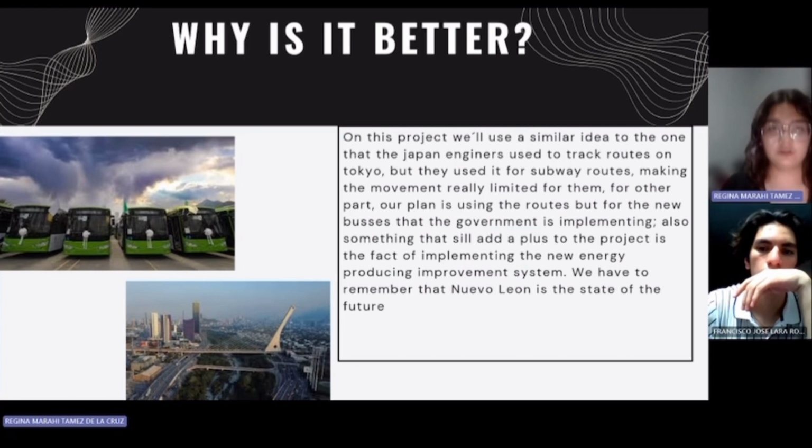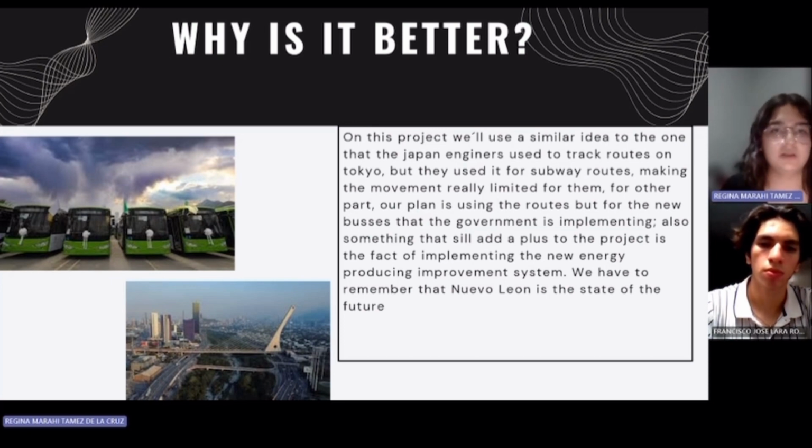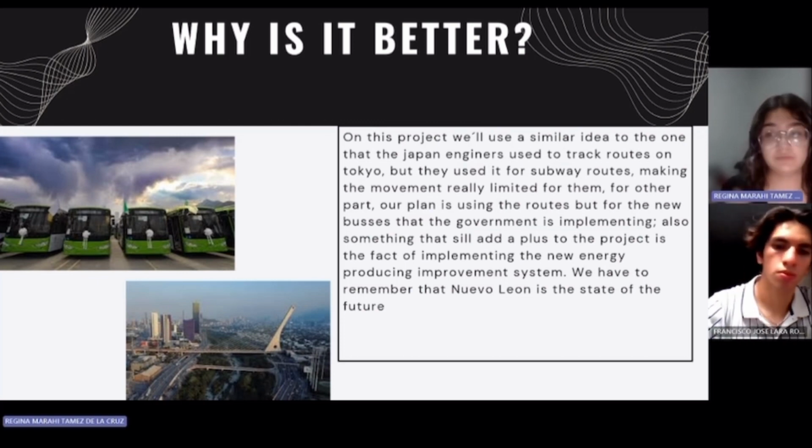So, in this project, we use a similar idea to the one that Japanese engineers use to track routes in Tokyo, but they use it only for subway routes, so that is really limited for them. Our plan is to use the routes for the new buses that the government is implementing.